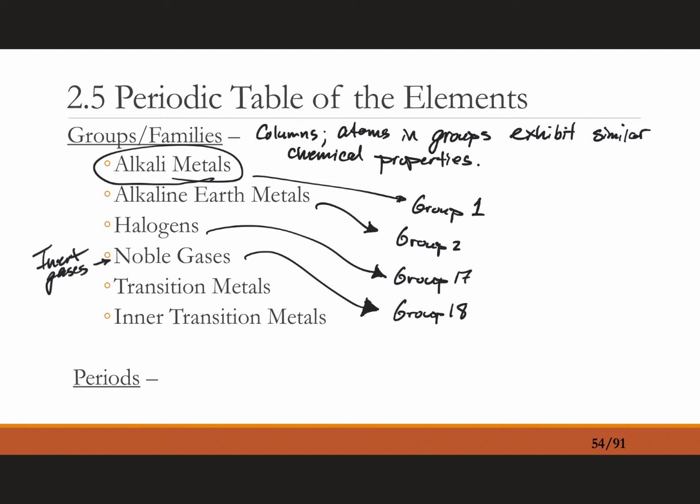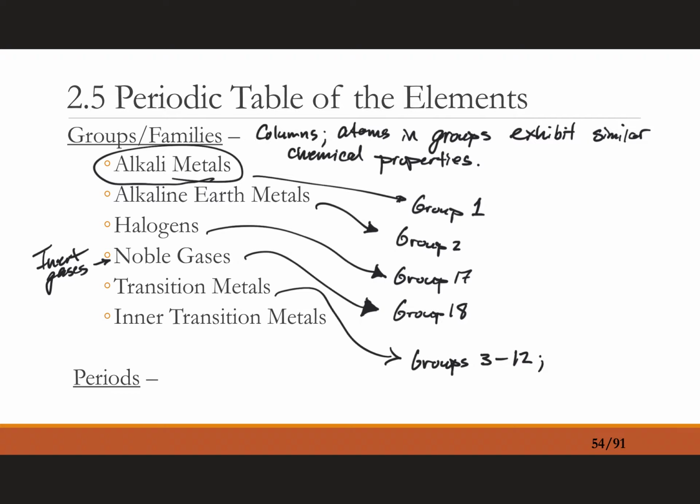And then you have the transition metals. The transition metals will be in between groups 3 and 12. So there are 10 of those groups in the middle of the periodic table: groups 3, 4, 5, 6, 7, 8, 9, 10, 11, and 12, and below. Now, technically, I'm going to add a little caveat here.